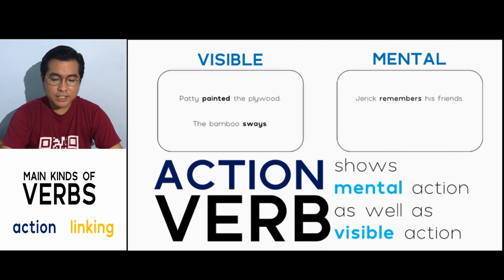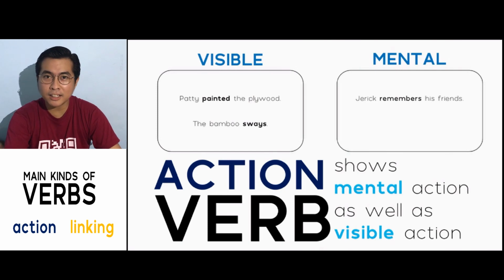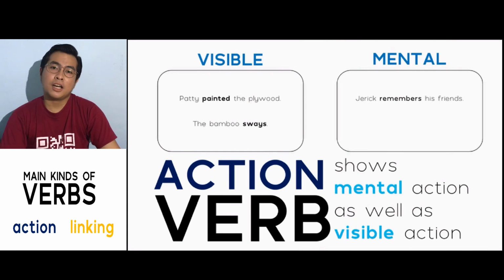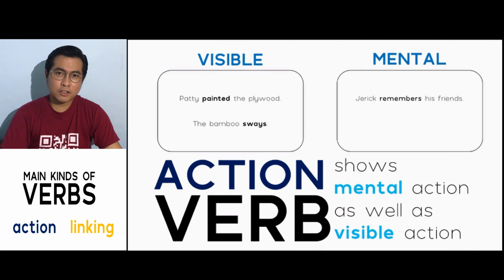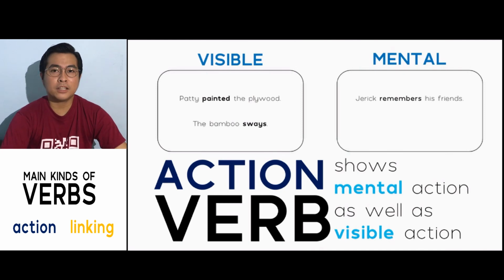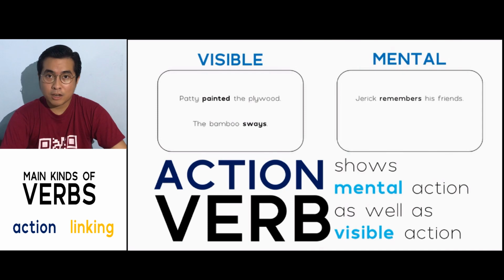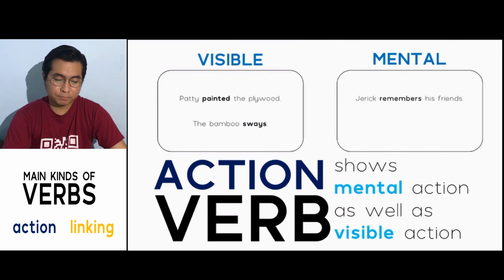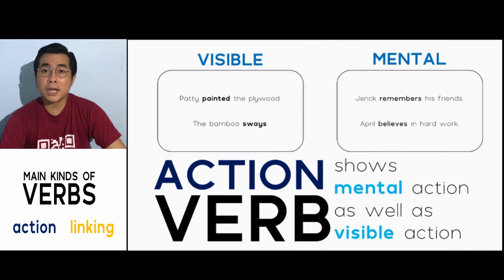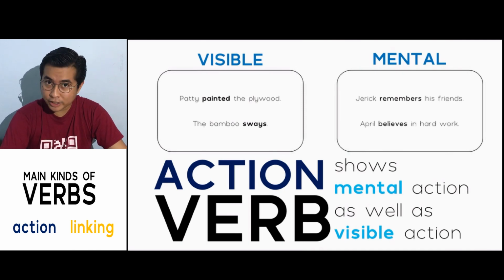For example, remembers. You could see that he could be smiling, he could be nostalgic, but you cannot say what he is thinking about. You could only assume, but not conclude what is going on in the mind of the person.